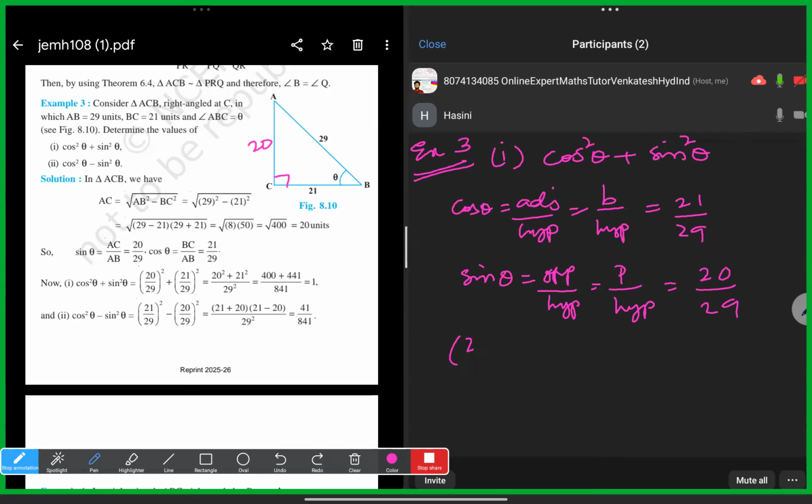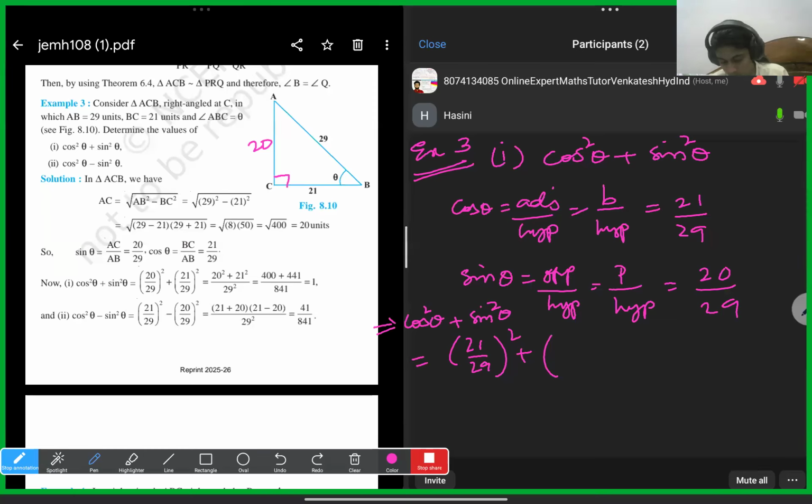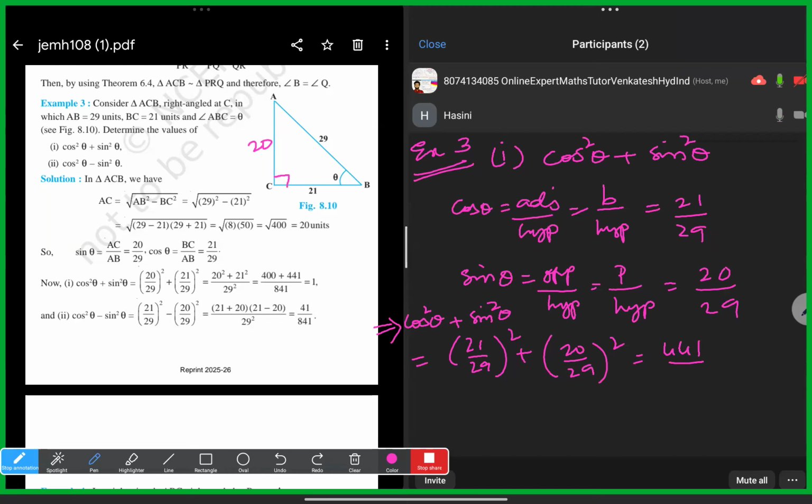So cos square theta plus sin square theta is equal to 21 by 29 whole square plus 20 by 29 whole square, which is 21 square is 441 by 29 square is 841 plus 400 by 841. This works because a by b whole power m is equal to a power m by b power m.